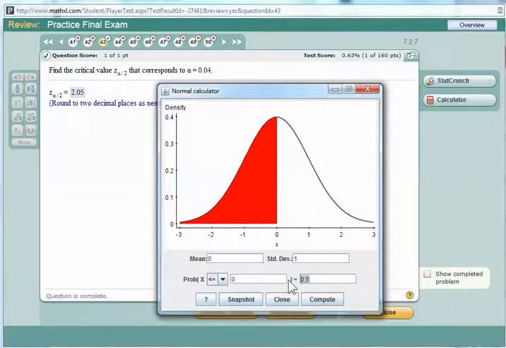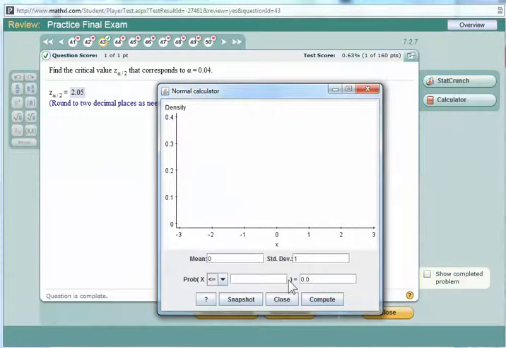Okay, we want to pin in 2% on the top and the bottom, because we're going to be splitting that 4%. So I'm computing it on the bottom here, and it gives me the negative 2.05.